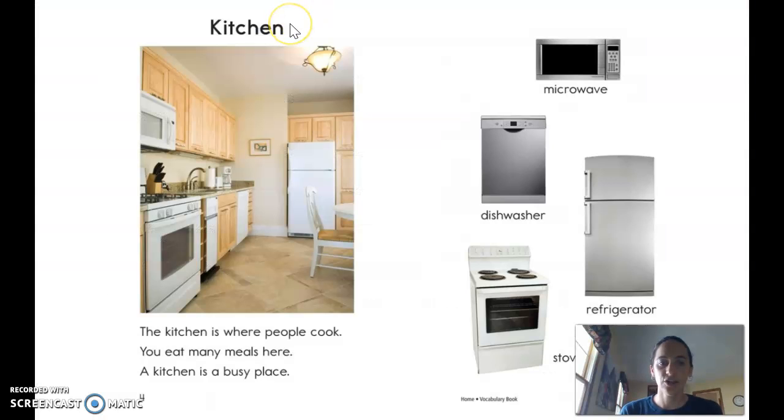Let's do the kitchen. Remember, in our book, we have some good examples. In the book, it says, the kitchen is where people cook. You eat many meals here. A kitchen is a busy place. And here are some words for us. Microwave, dishwasher, refrigerator, stove.